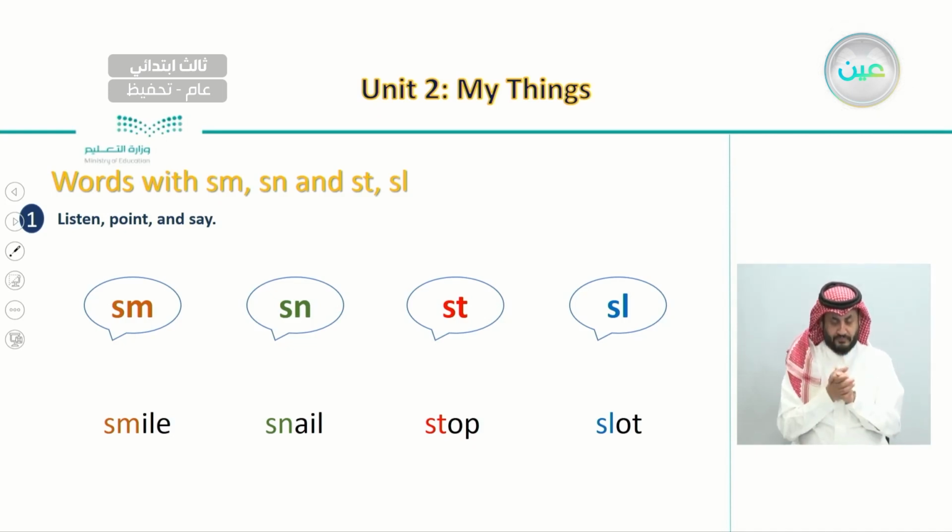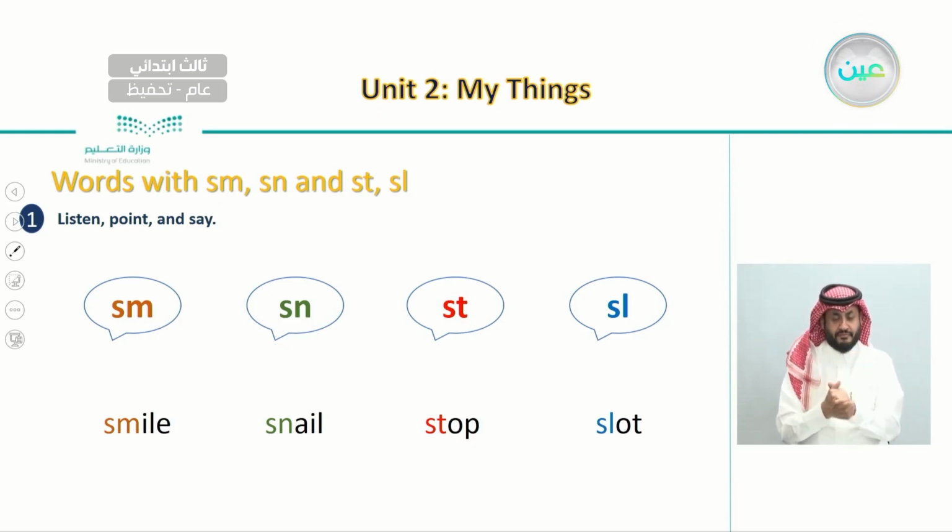Now on page 28, we're going to practice words with SM, SN, ST and SL. So how are we going to do this? First, we're going to read these 4 sets of letters, and after this, we're going to read and listen to the words, and I would like you to say them after me.